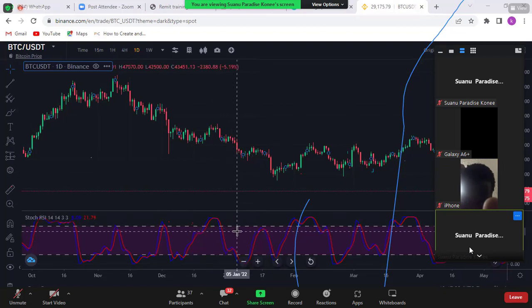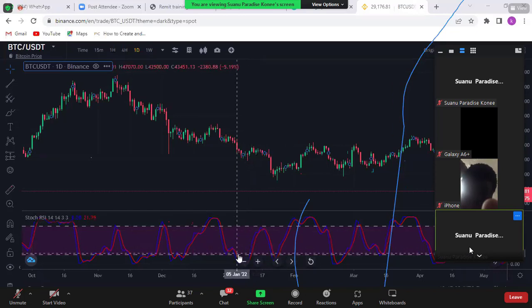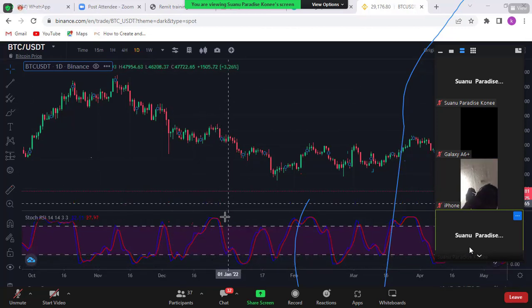If from here to here is 100, then from here to 100 is known as the overbought region. From here downward, 20% to 0, is known as the oversold region.